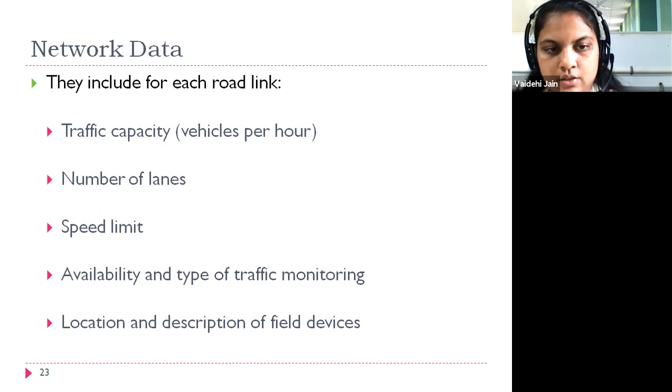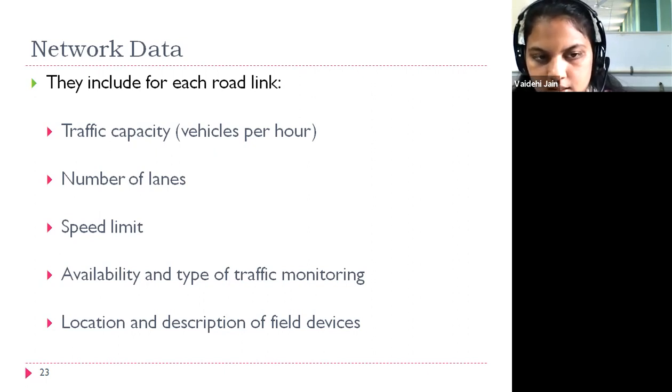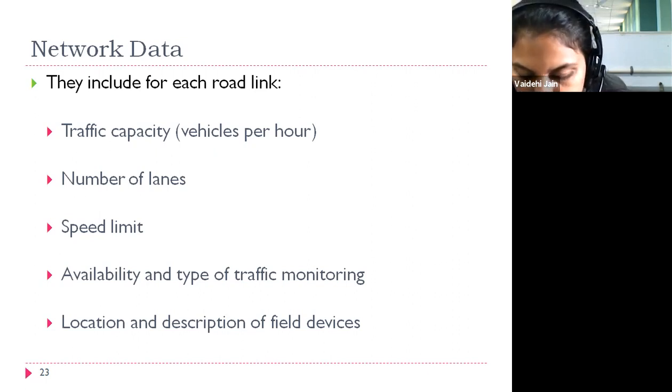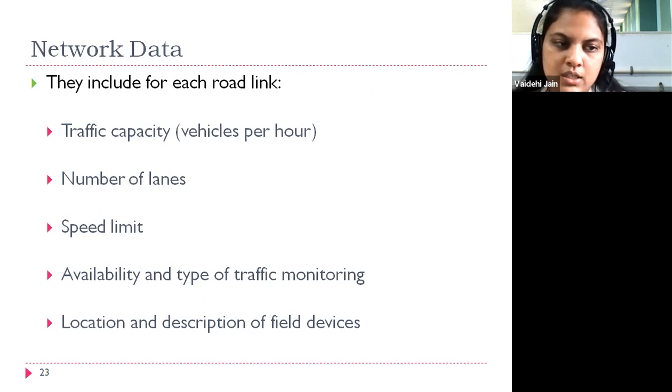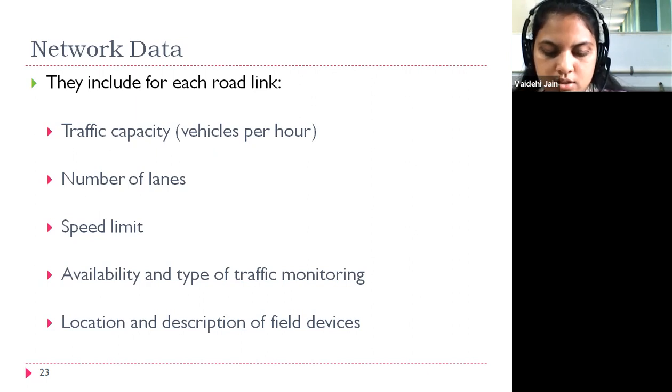Then, if you have the capacity and the lanes, what is the existing speed limit? I think everyone has seen the speed limit signboards at the roadsides. Every stretch of roadway has a pre-decided speed limit, which is the result of many speed study analyses.